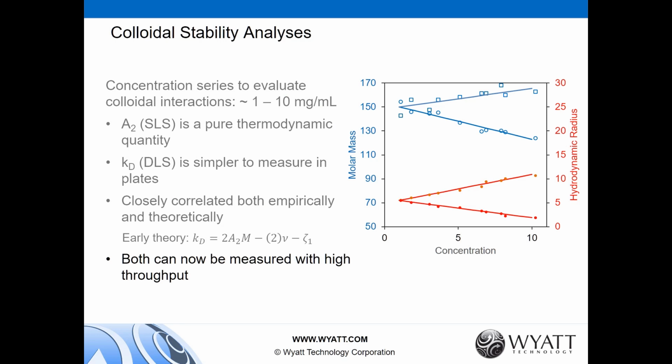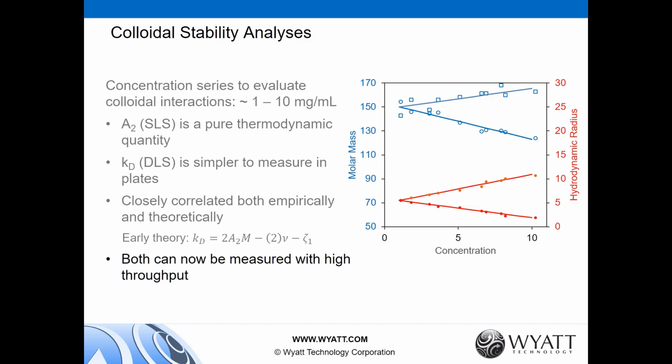Early theory predicted that KD would be equal to something like twice A2M minus some factor multiplying the excluded volume minus an additional friction concentration coefficient. And we'll see later that this is close but no cigar.